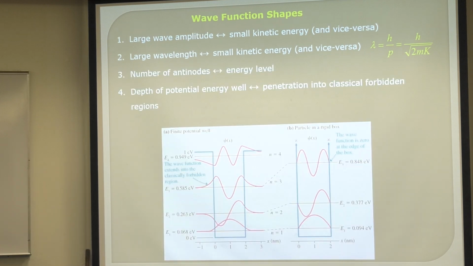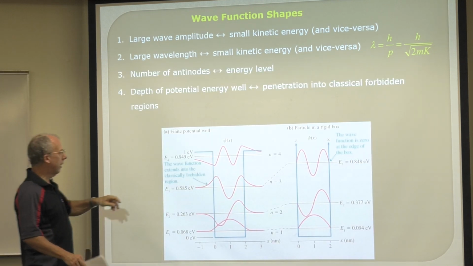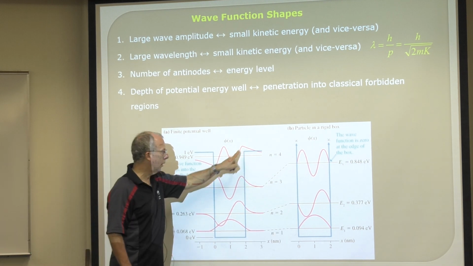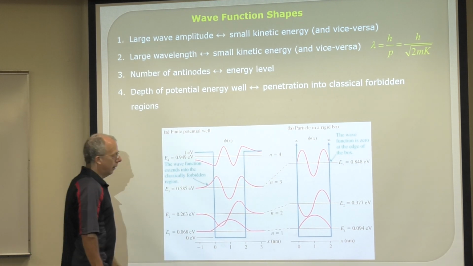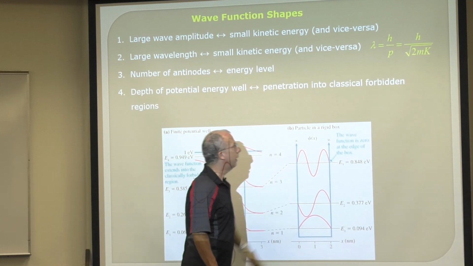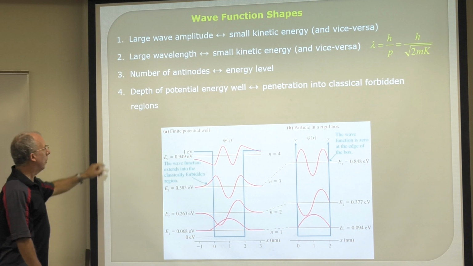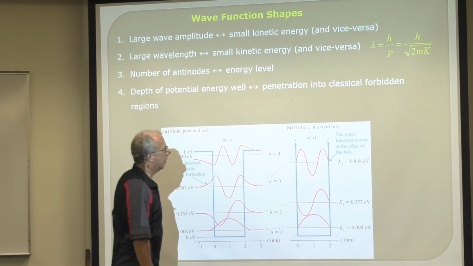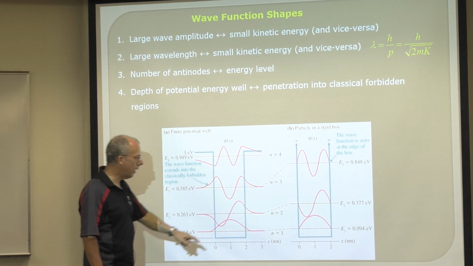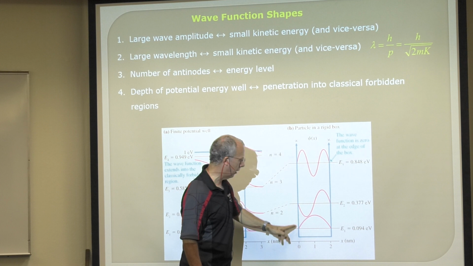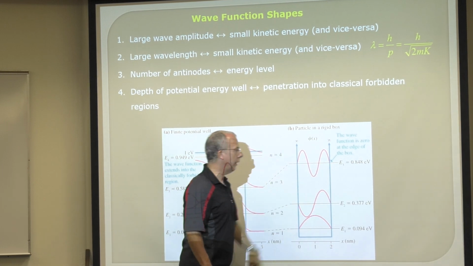Now, what else do we know? We know that the number of antinodes is the energy level, right? n equals 4: 1, 2, 3, 4. 1, 2, 3 for E3. Right, we know that. We know also that the depth of the potential energy well has to do with the penetration into the classically forbidden region, right? So here, the potential energy goes to infinity, so there's no penetration into the classically forbidden region.